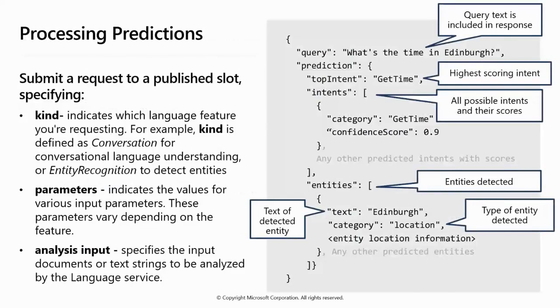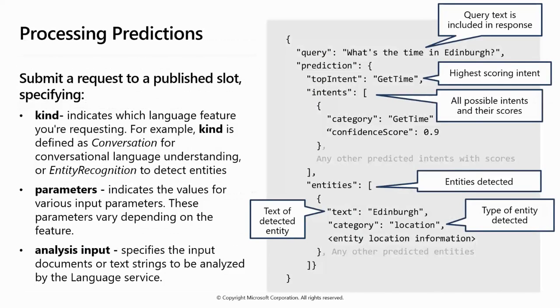Now, you can use the REST APIs or one of the SDKs for a specific programming language to use the language understanding model in a client app. I already sent you the documentation to do that. No matter what method is used, requests for prediction are sent to your language service with the following information: kind, parameters, and analysis input.